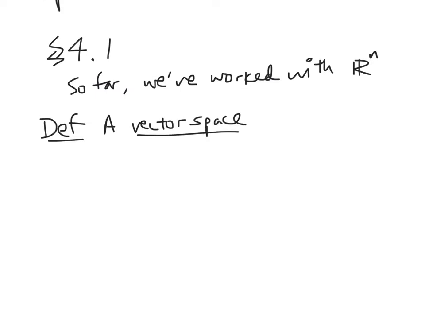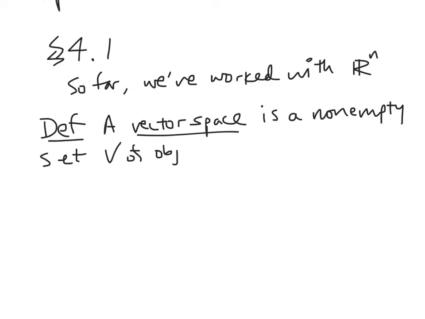is a non-empty set. So a set is just a collection of objects. And we call these objects vectors. We have two operations.